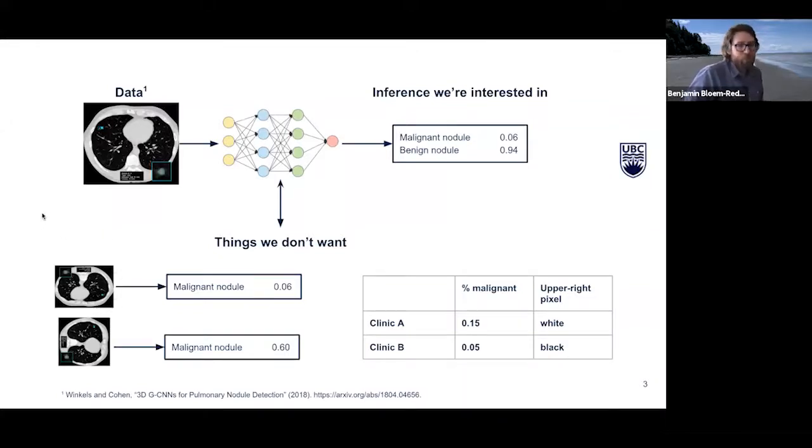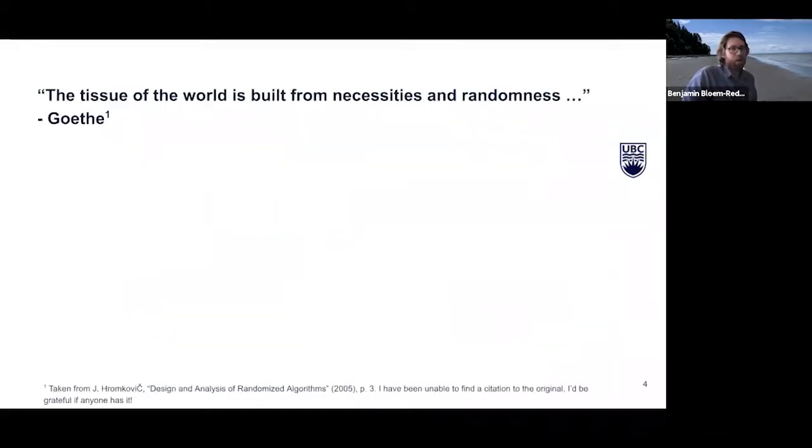Okay, so that's what I'll focus on, and I'll start by describing an even simpler version of this. That's nicely described by a quote that is attributed to Goethe, which is, "The tissue of the world is built from necessities and randomness." Okay, I actually can't find the original citation to this.